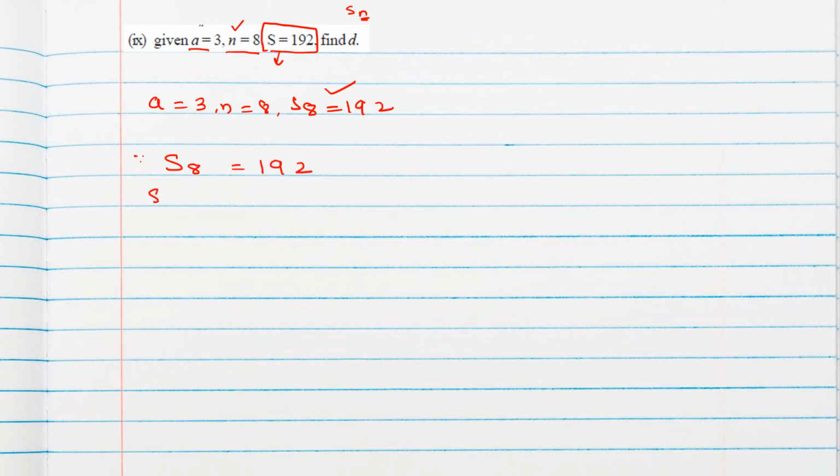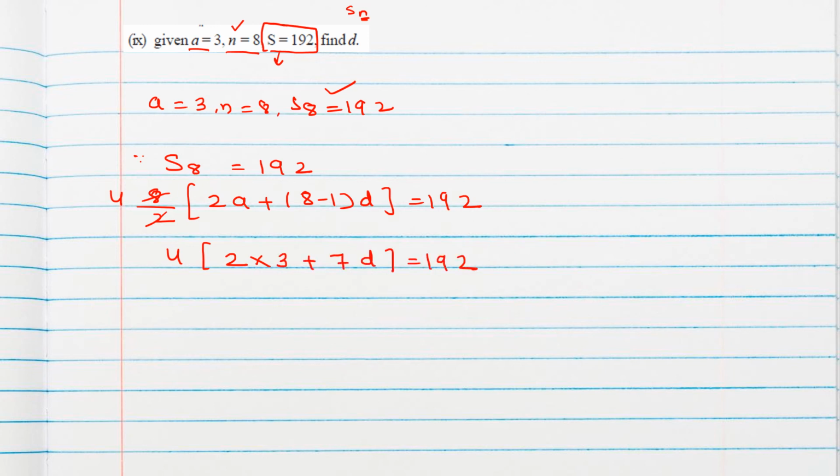So applying the formula, 8 by 2 [2a plus (8 minus 1)d] equals 192. So this we can cancel, only 4. a is given 3, so 4 times (6 plus 7d) equal to 192. So this 4 we can transfer here: 6 plus 7d equal to 192 by 4.